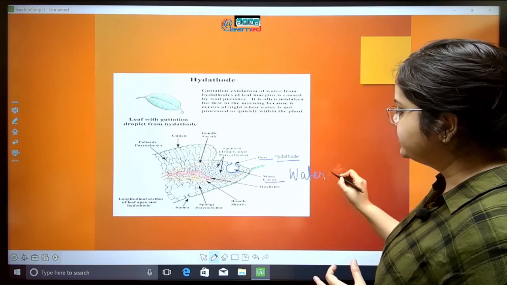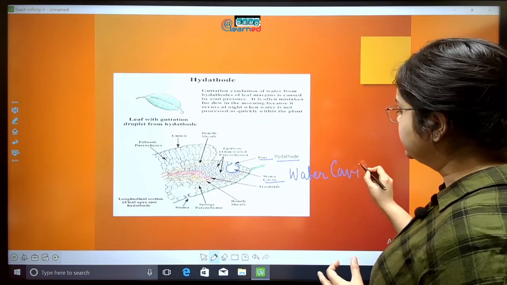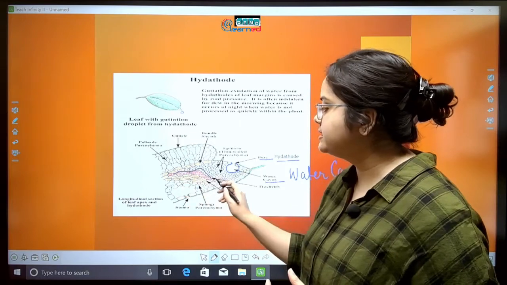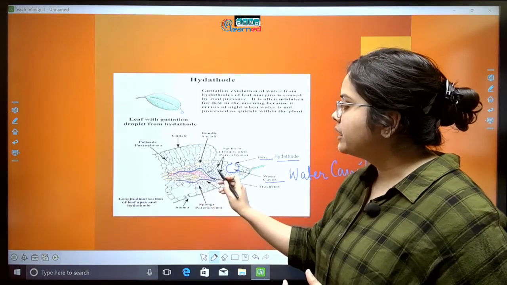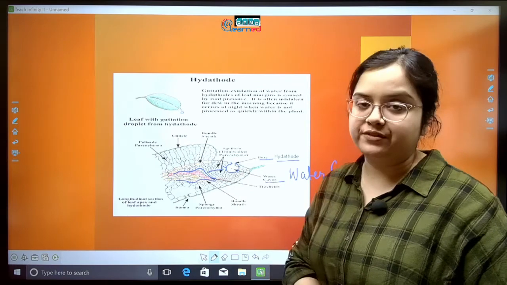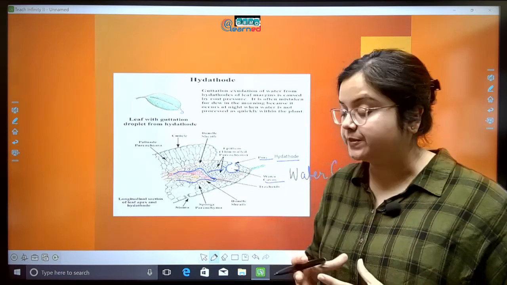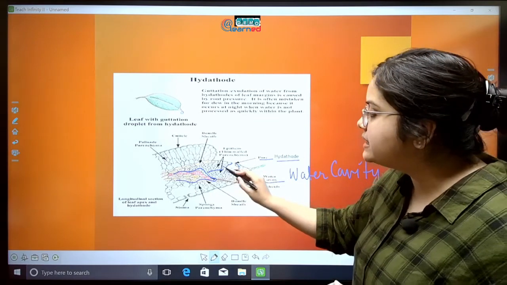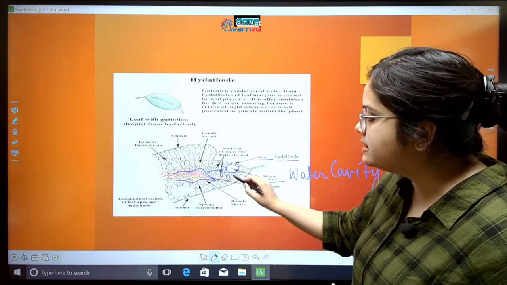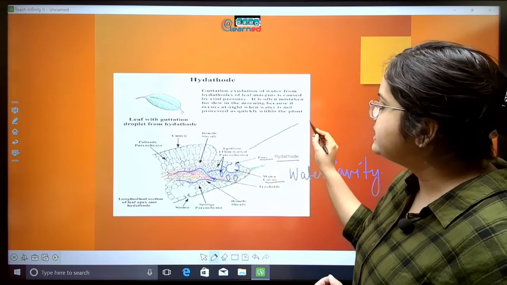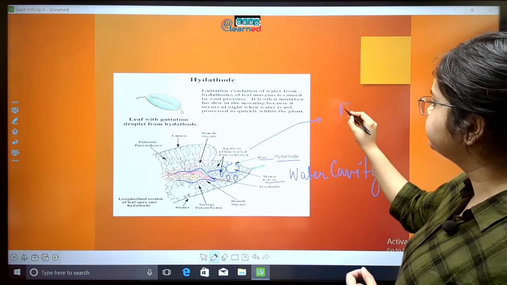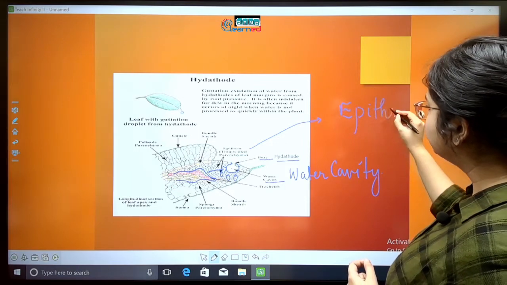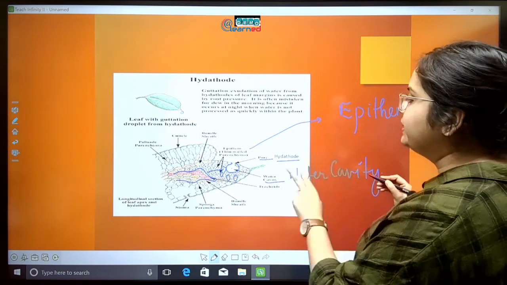In this water cavity, the excess water that is being carried by the xylem vessels and the tracheids reaches the cavity because of excess root pressure, okay. And this water cavity is also flanked by some very loosely held cells. These loosely held cells are known as epithem. This is the anatomy of the hydathode.